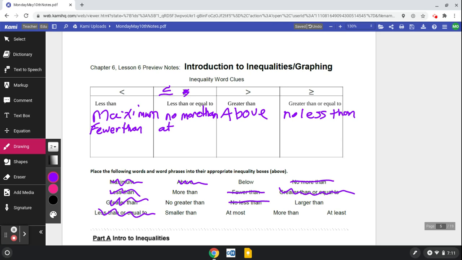We have less than or equal to 7. At most, I can have is 7. Smaller than is this one.